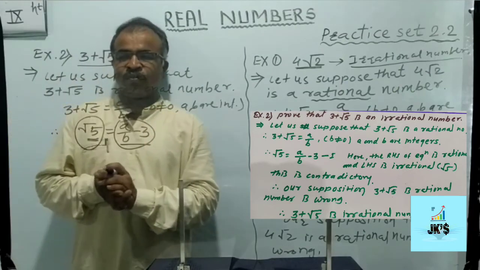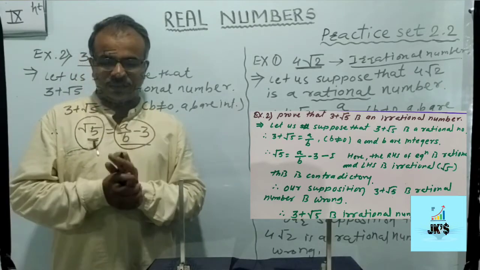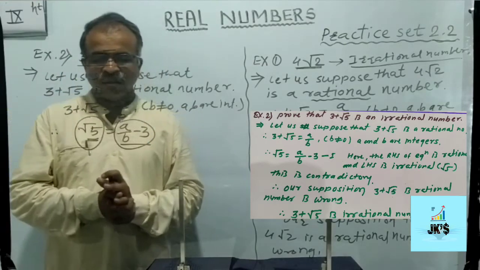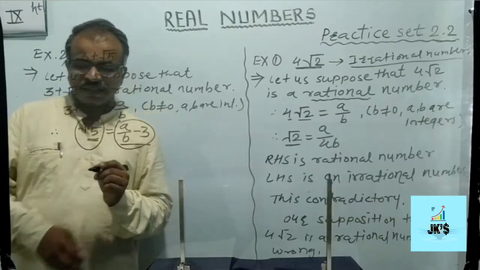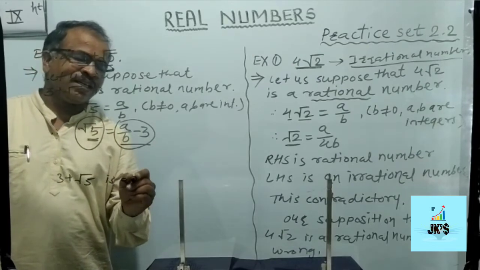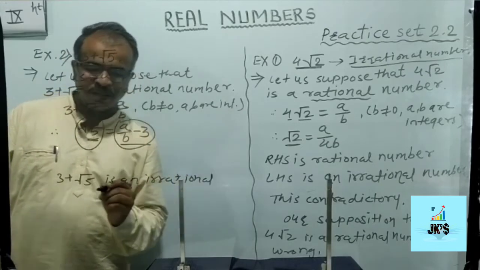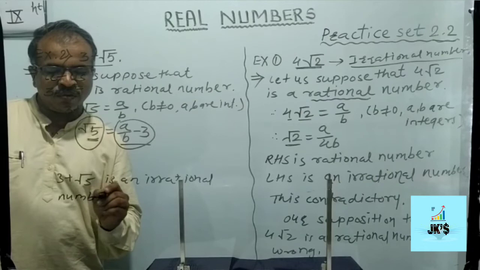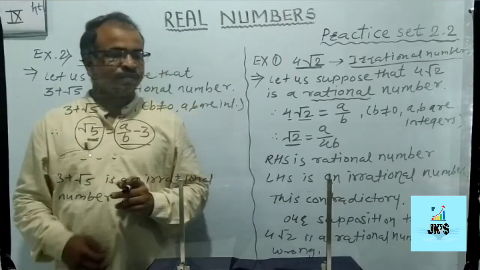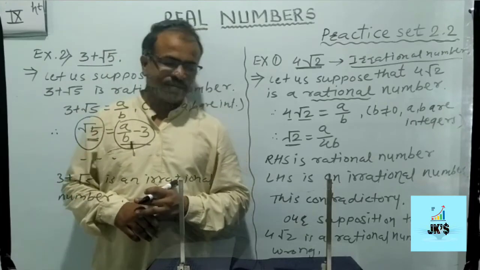Our supposition that 3 plus root 5 is a rational number is wrong. So what is correct? 3 plus root 5 is an irrational number. You have to write the statement similar to this: RHS is rational and LHS is irrational, this is contradictory.